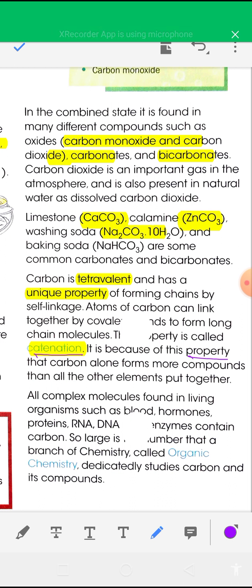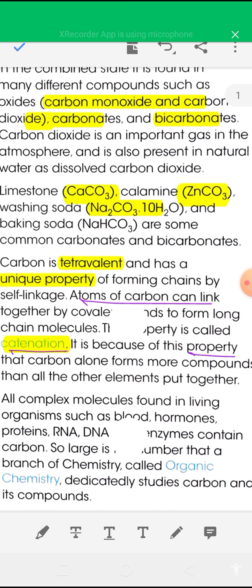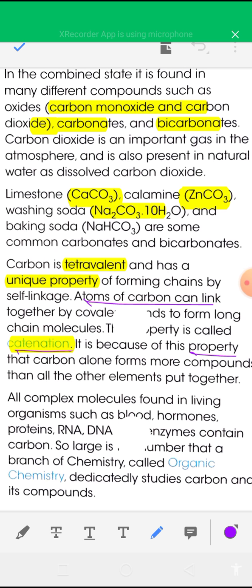Atoms of carbon can link together by covalent bonds to form long chain molecules, and this property is called catenation property of carbon. Due to this catenation property, carbon alone forms more compounds than all the other elements put together.